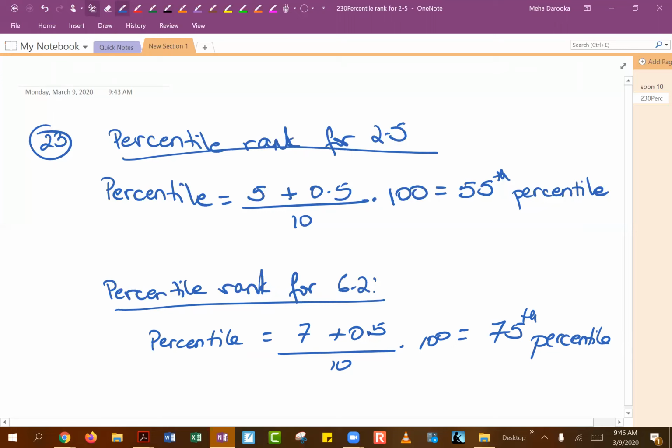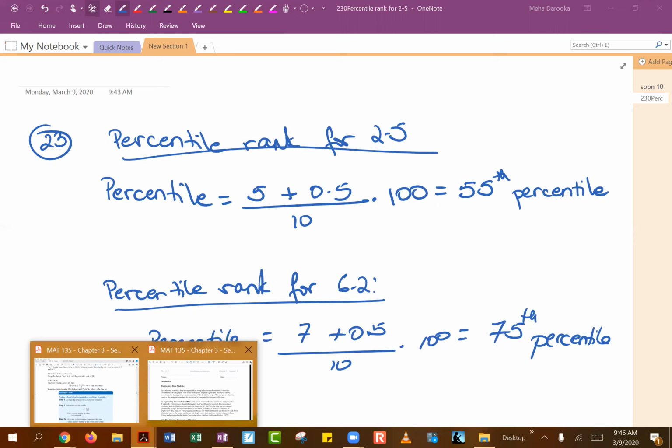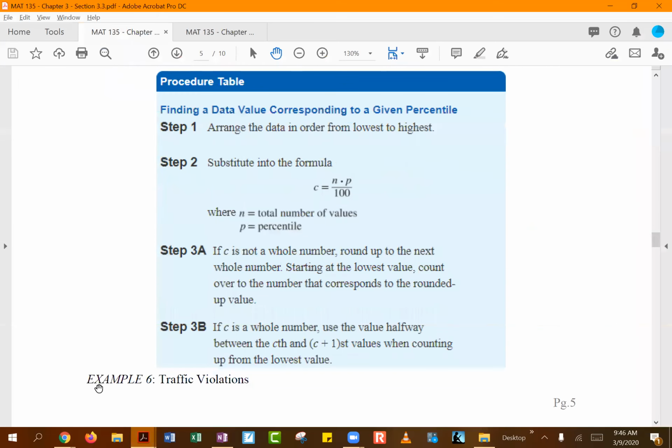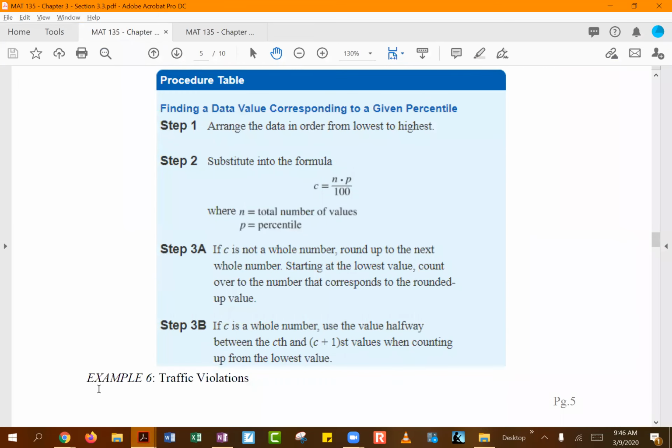calculating the data value based on the percentile rank, which is what that next set of formulas is about. So this one here, again, obviously arrange your data in order from the lowest to the highest value.